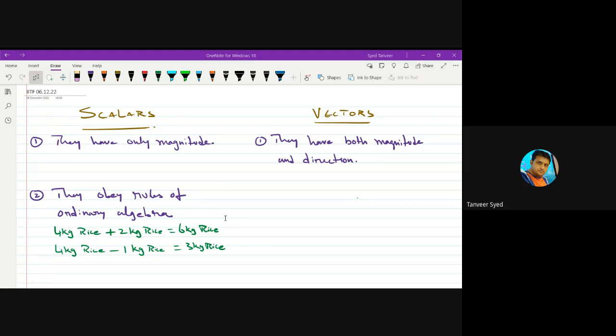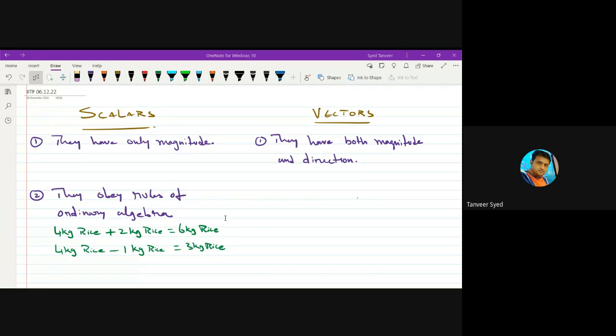If I add 10-second time to 20-second time, I'll get 30-second time. If I add 10 degrees Celsius temperature to 12 degrees Celsius temperature, I'll get 22 degrees Celsius temperature. There is nothing special about adding or subtracting or multiplying scalar quantities. The same thing as we have been doing in our mathematics.